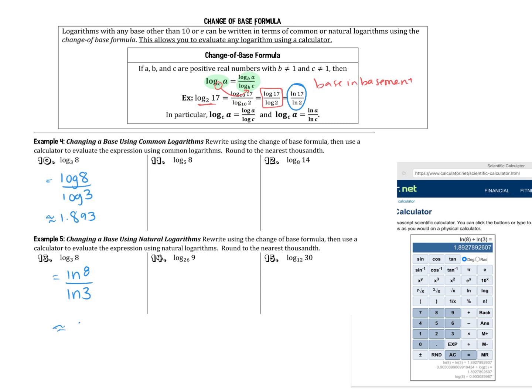So this is going to be approximately 1.893. So whether you prefer the common log button or the natural log button, they're both going to give you the exact same thing. Because I want you to be comfortable with both, I'm going to have you rewrite the 4 remaining problems using the change of base formula and then practice on your calculator. And then unpause the video and see how you did.